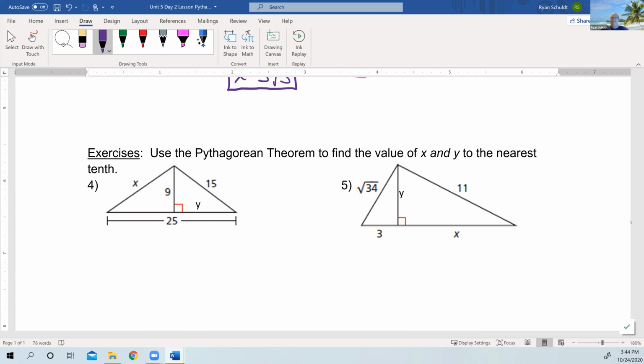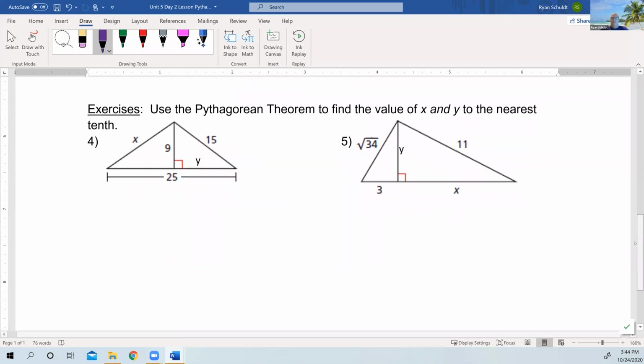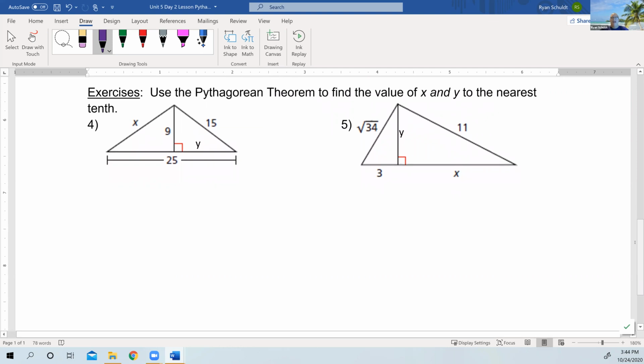Okay, now for these next two, we actually have 2 parts to each problem. We have to find x and we have to find y. So what we need to do is start with the triangle that has 2 sides known to us. So which right triangle has 2 sides known? Well, if I look at this one, how many sides do I know?